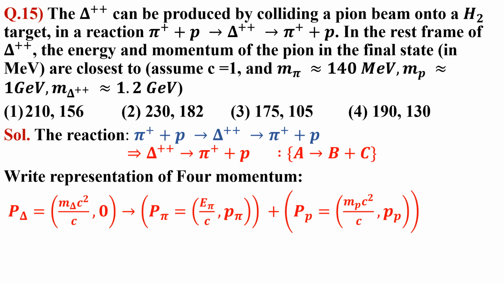equals energy of pion upon c, spatial momentum p_pi, plus momentum of proton in four-space equals rest mass energy of proton upon c, momentum of proton in spatial space.